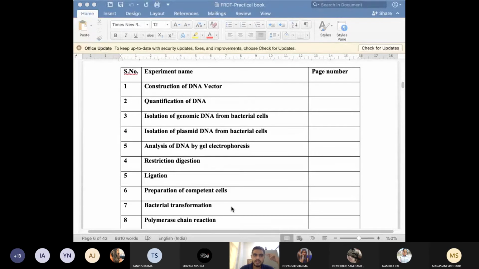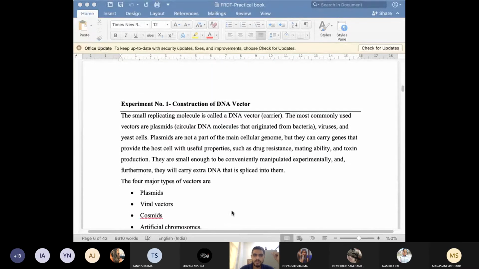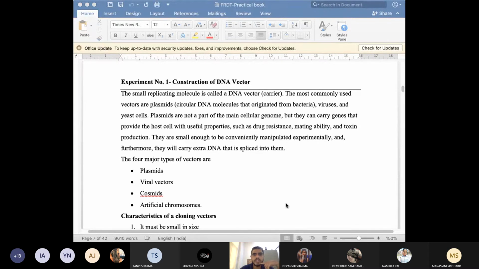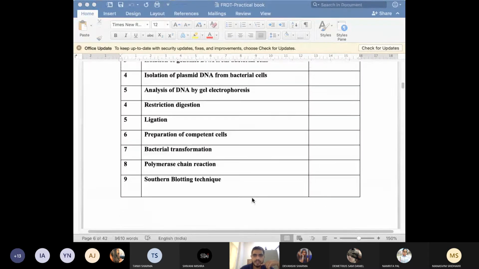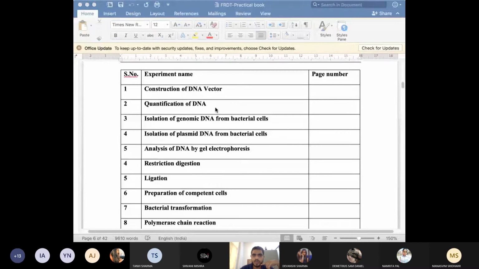Here are the laboratory experiments that you are going to have: one is the construction of DNA vector, and then quantification of DNA. Then isolation of genomic DNA from bacterial cells, and isolation of plasmid DNA.